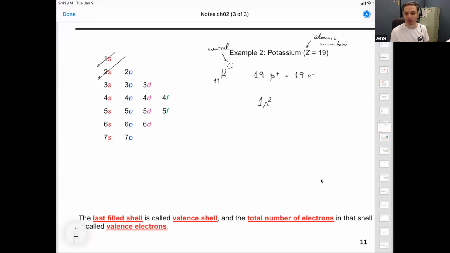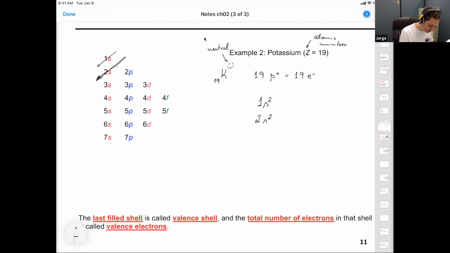In this case, we are going to put 2 electrons in the 1s shell because that's the max capacity. Moving on to the next subshell to be filled, that's going to be the 2s right here, okay? So we are going to put 2 electrons. So far, we have 4 electrons.